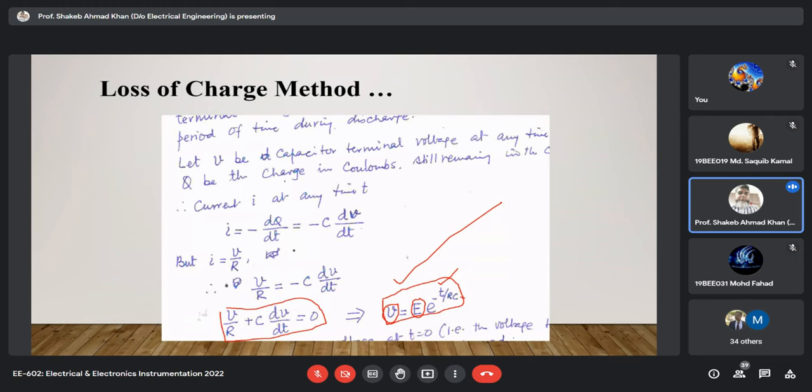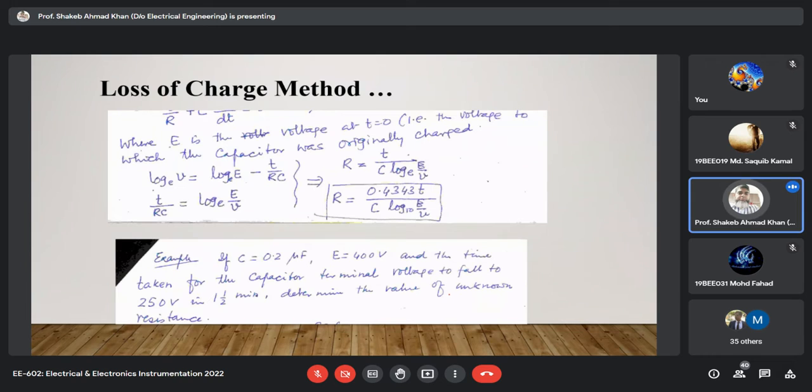The capacitance value is known, so the only thing which is not known is R. So if we know the voltage across the capacitance, the time, and the capacitance value itself, then through this expression we can measure the value of the unknown resistance. This is the basis of this method, which is called the loss of charge method.